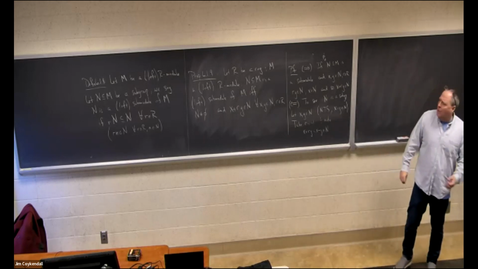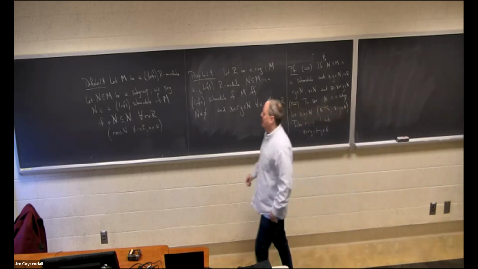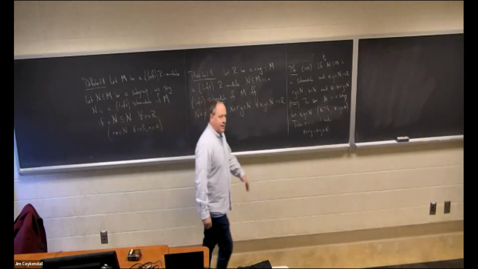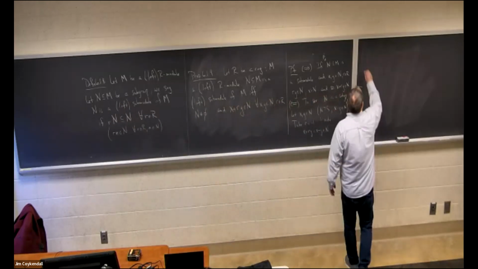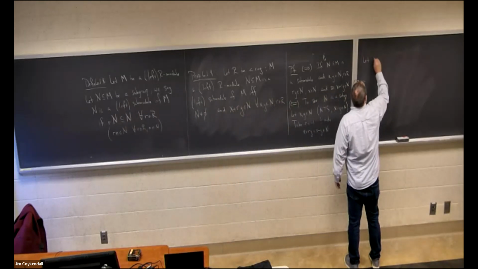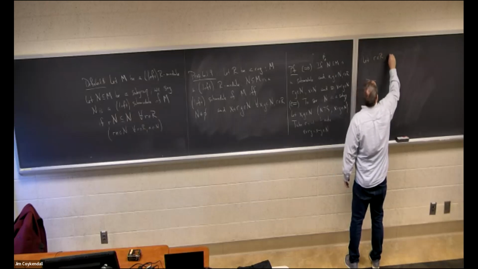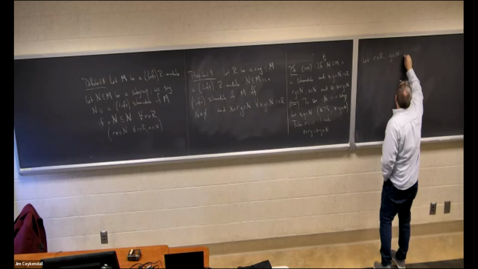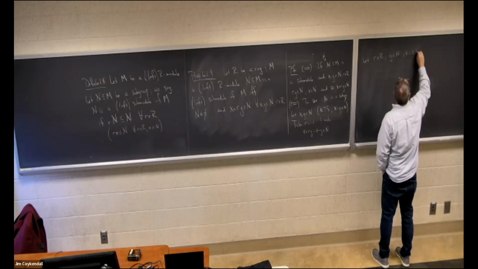What else do we need? We need the vacuum cleaner property. We need that rn is in N for all r in R, n in N. So let r in R, y be in N, and x equals 0.